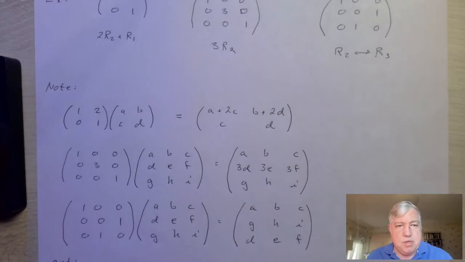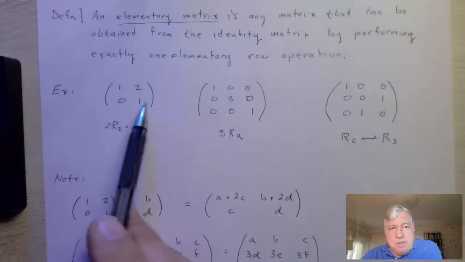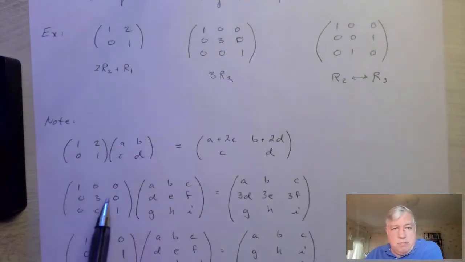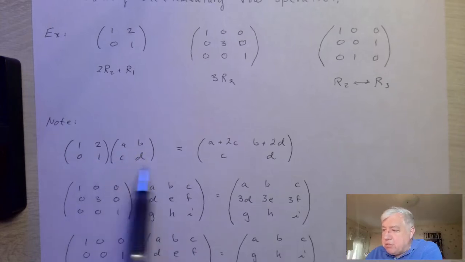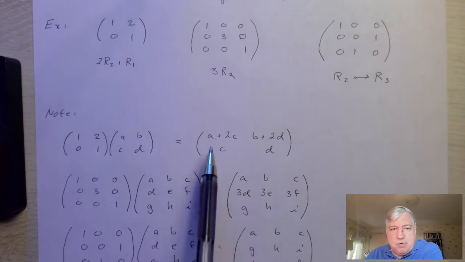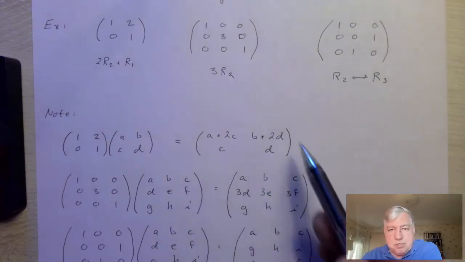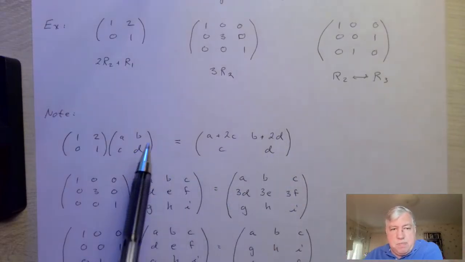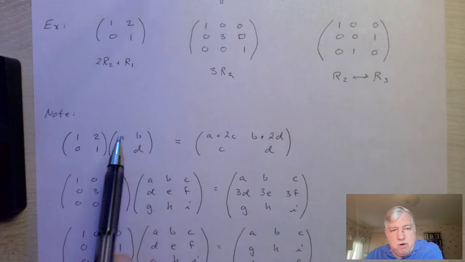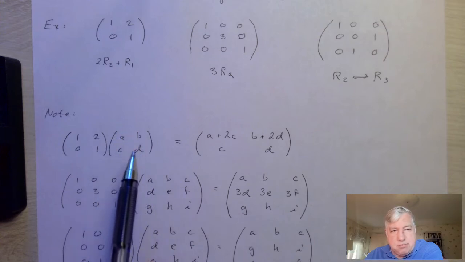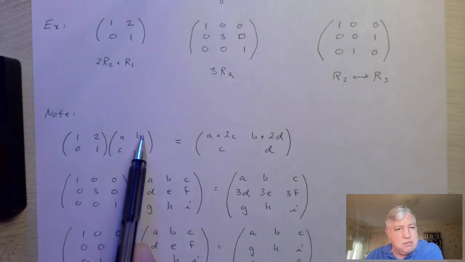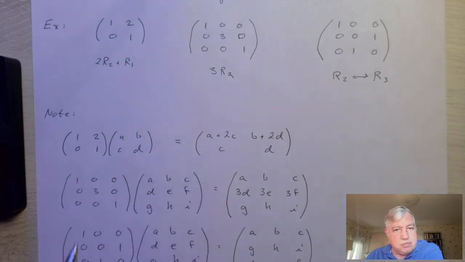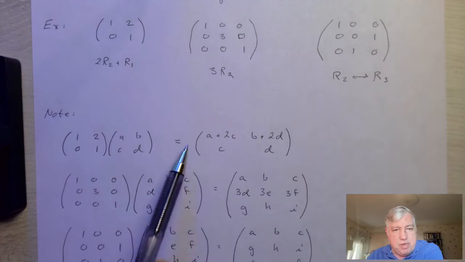So, in particular, if we take this matrix up here and we multiply this on the right by the matrix A, B, C, D, if we do the calculations, we get this matrix A plus 2C, B plus 2D, C, D. So basically, we've just performed the same operation on this matrix. We've multiplied the second row by 2, and we've added to the first row, which is how we get here.